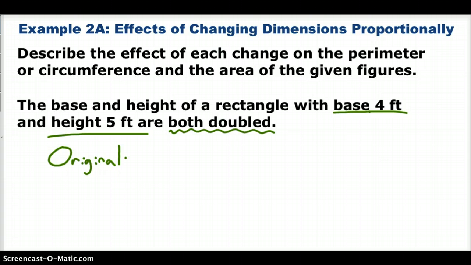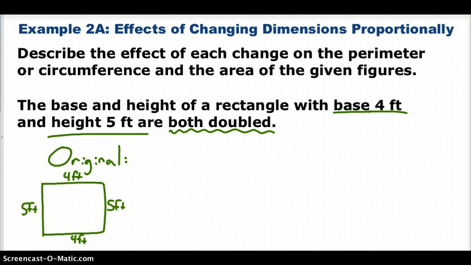figure. Maybe I can just draw this thing real quick. It says a base of 4 and a height of 5. I'm going to try to draw a picture to the best of my abilities here. The base is 4 feet, and the height is 5 feet. Since it is a rectangle, this is also 4 feet, and the opposite sides are 5 feet.